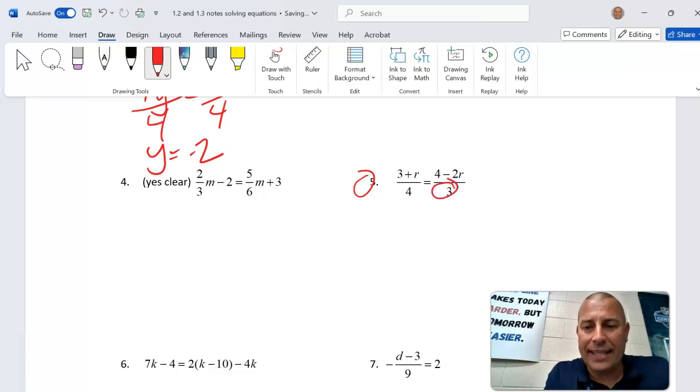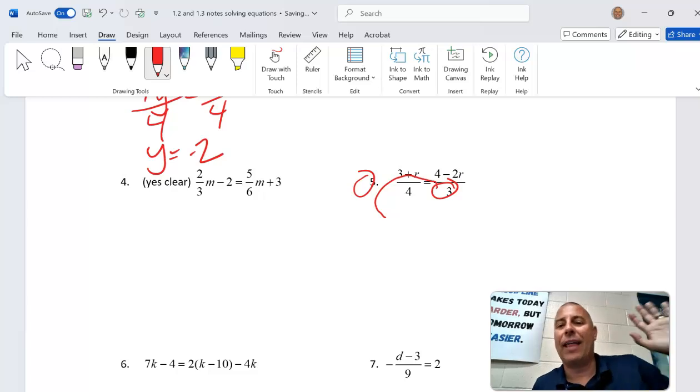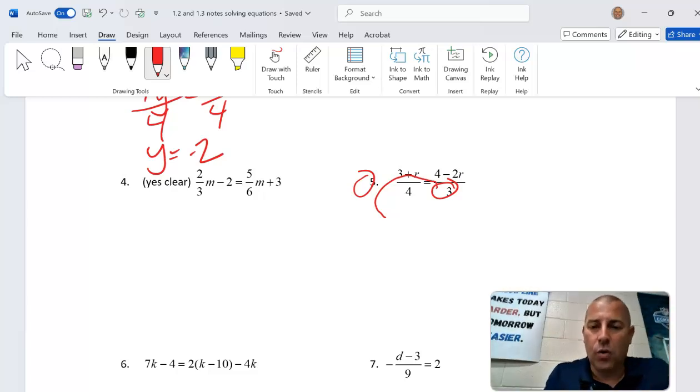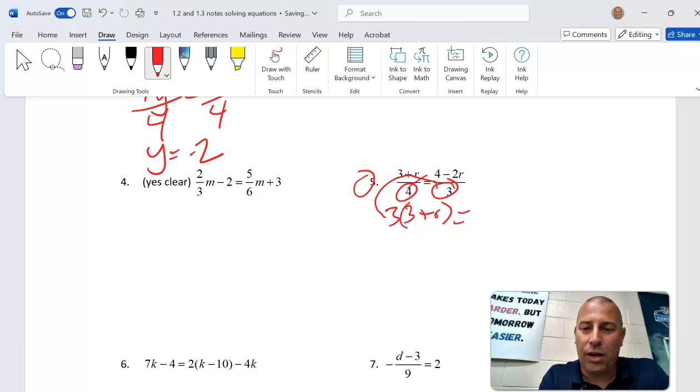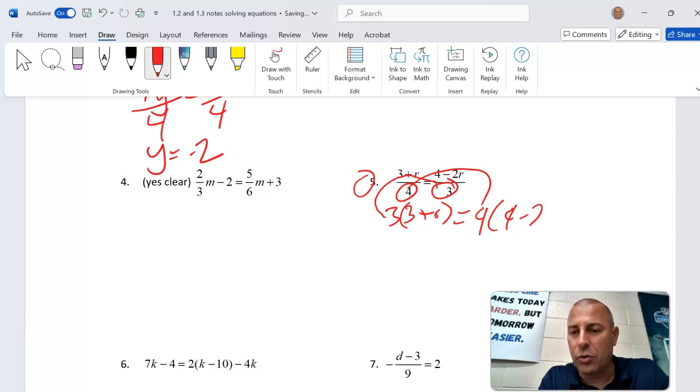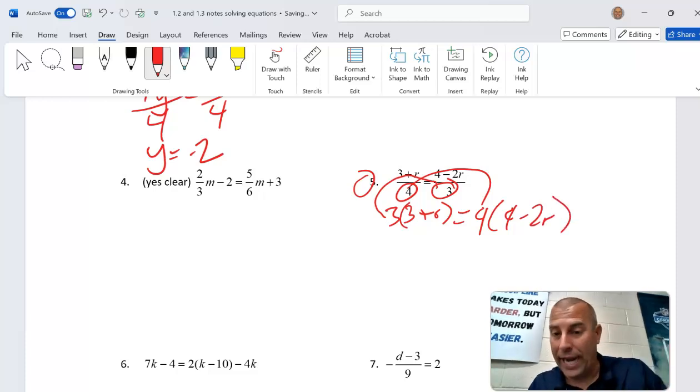So we're going to take this 3 and we're going to multiply it by that 3 plus r. So this is what we're kind of dealing with here. It is the distributive property in disguise. And then on the other side, we're taking this 4 and we're multiplying it. Now, more than likely, you're going to do your multiplication right away. I'm just choosing so you can see what's going on.